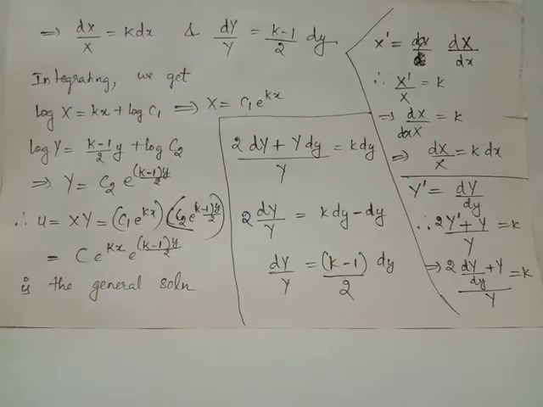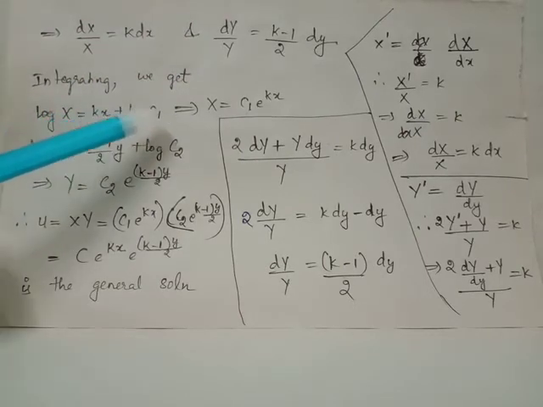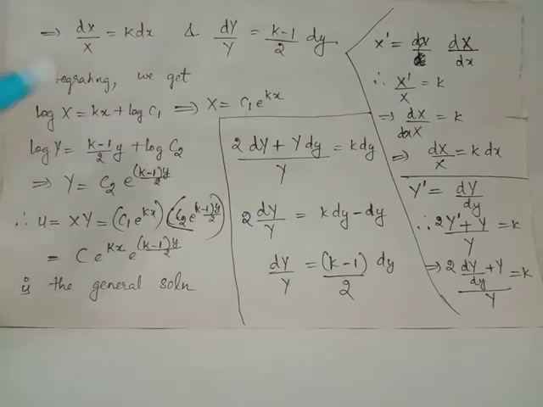When you integrate both of these equations, integrating the first equation we have log X = kx + log c1, which can be written as X = c1 e^(kx). This is because when log c1 is brought to the LHS, it becomes log X − log c1. Since log a − log b can be written as log(a/b), we have obtained on the LHS log(X/c1).